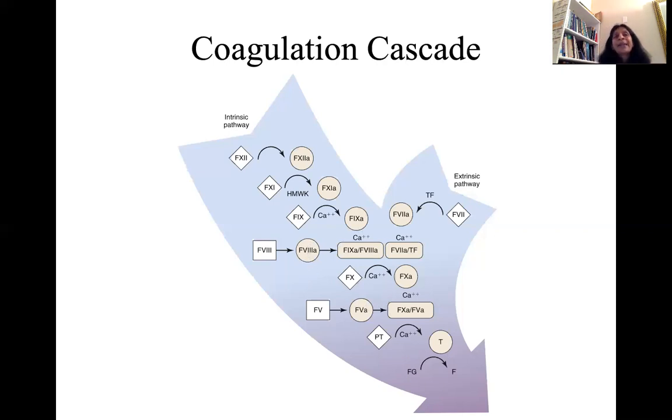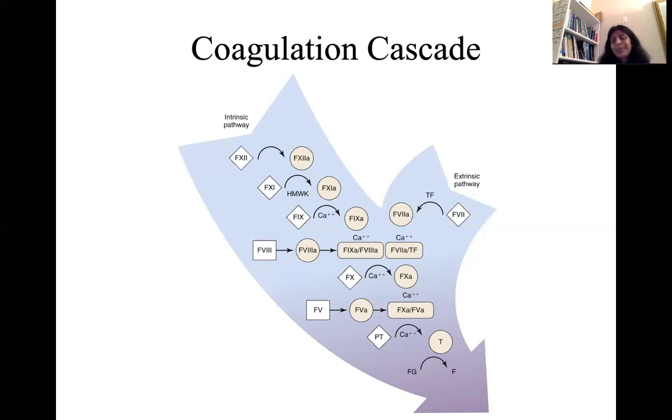Factor 9 is part of the intrinsic pathway, and factor 8 is a cofactor. So all of these are part of the intrinsic pathway now being turned on.